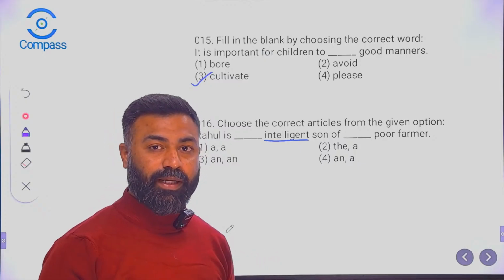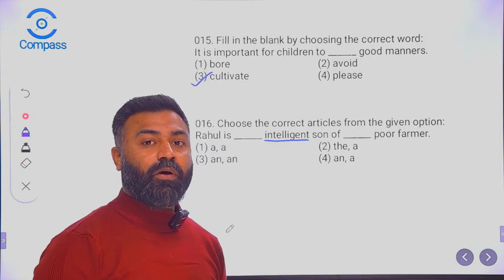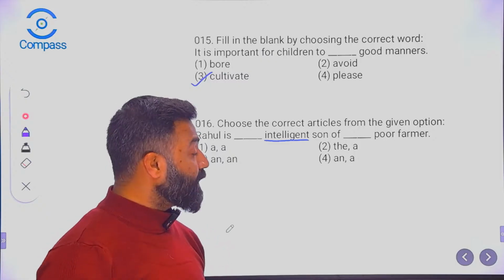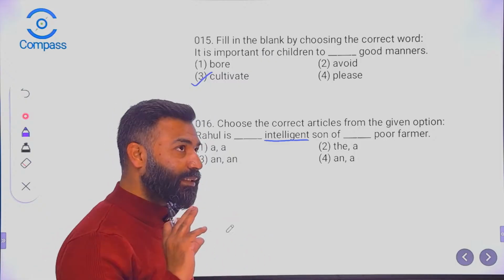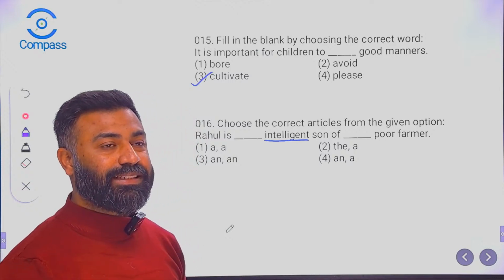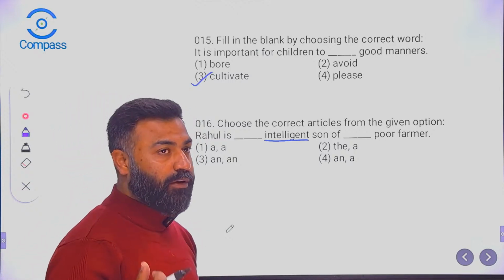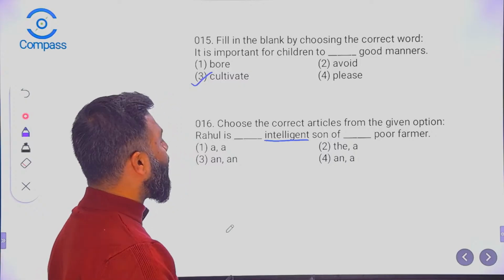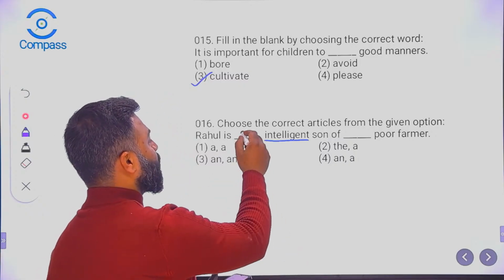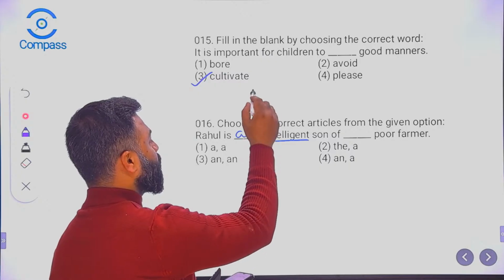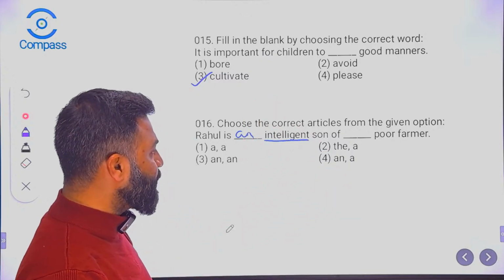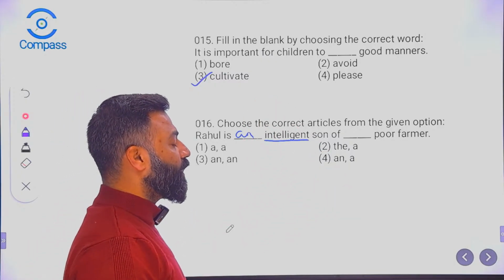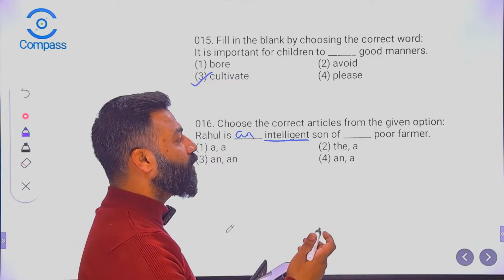Is it a vowel sound, or a consonant sound? So I hear that when I pronounce intelligent, it is a vowel sound. So we know that with vowels comes an. So it has to be an. Okay. Rahul is an intelligent son, and we have poor farmer.